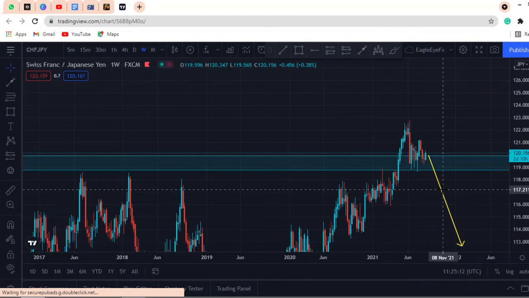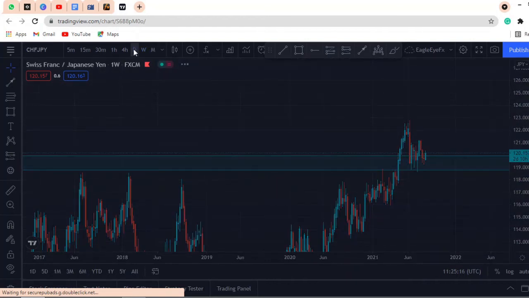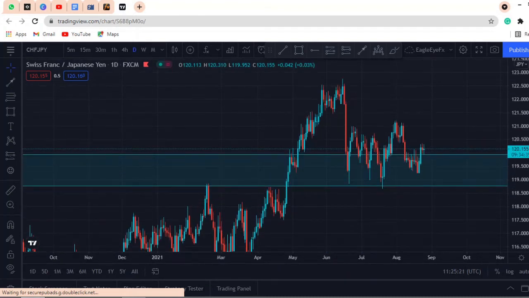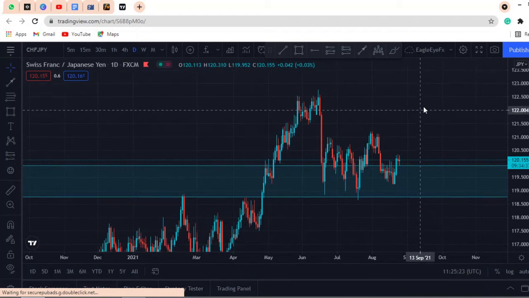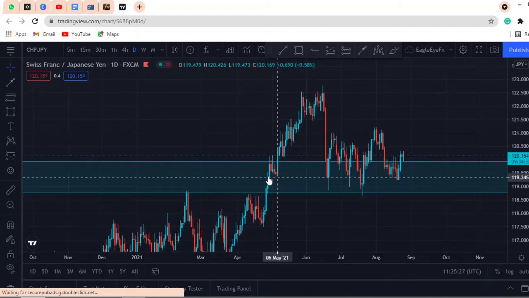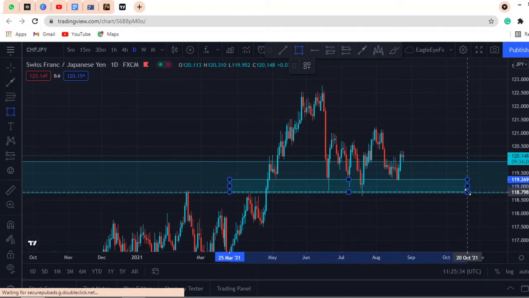All right, so let's go further down to the daily time frame. So on the daily time frame, this is nice. You can see this level here. You can still add like this.